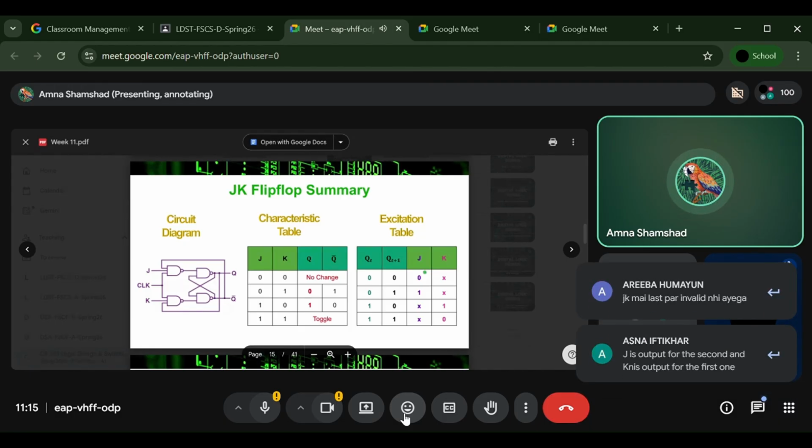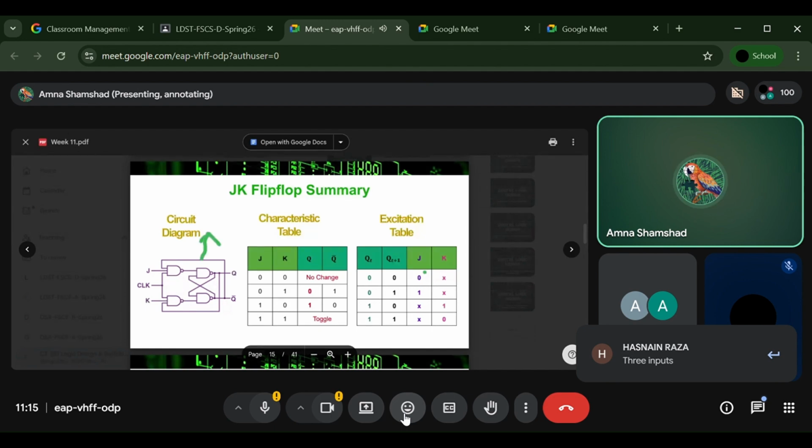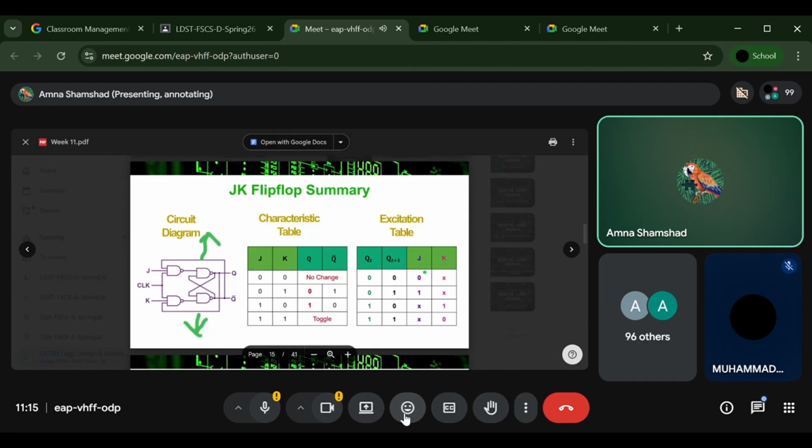In this diagram you have this feedback. These two lines are extra in this diagram, and they are basically used for tackling the toggle combination.